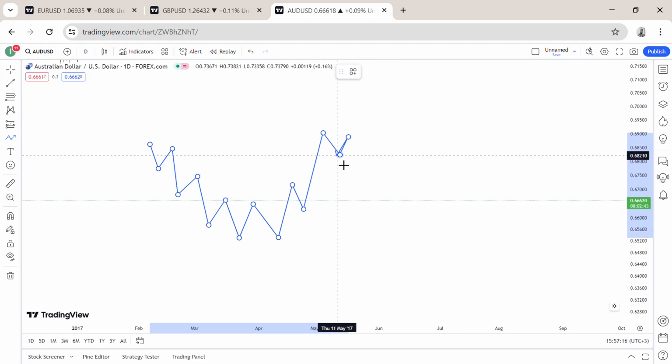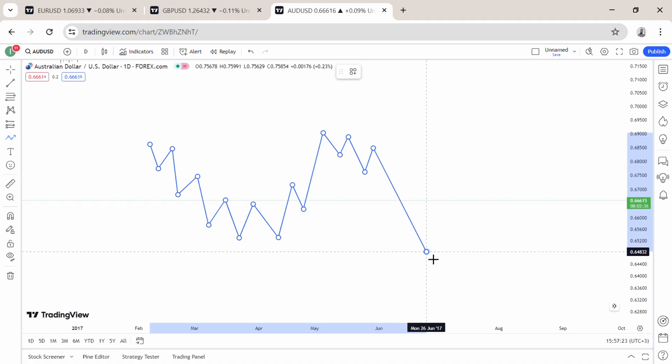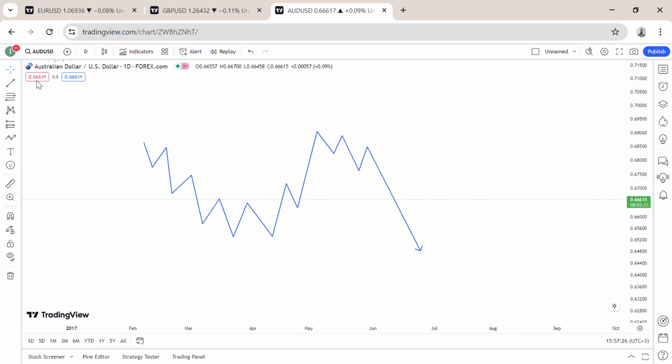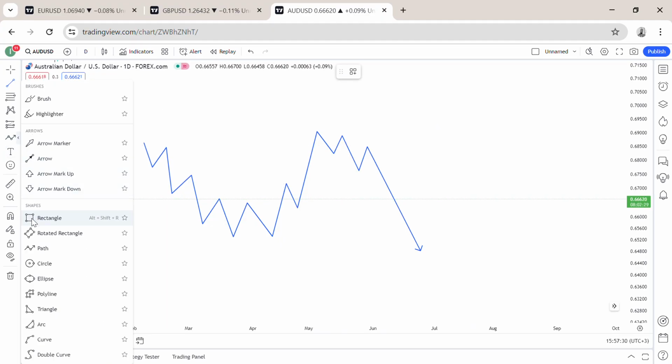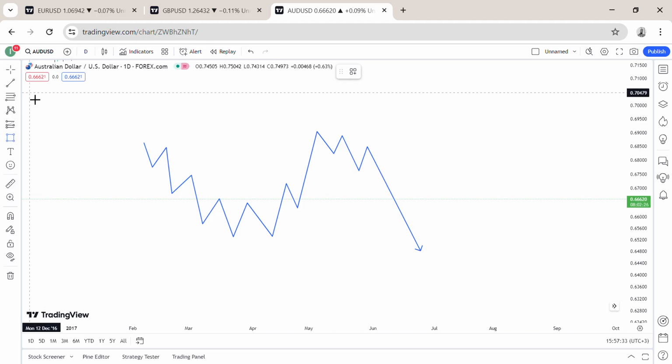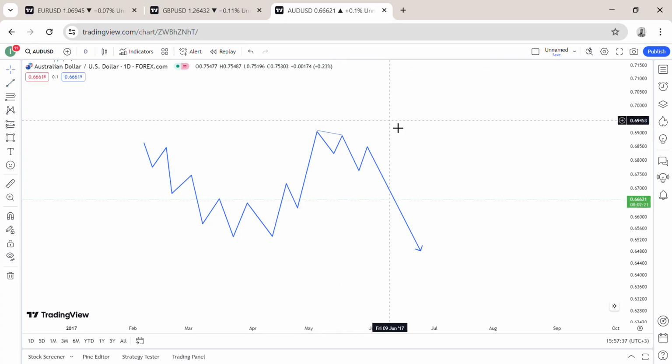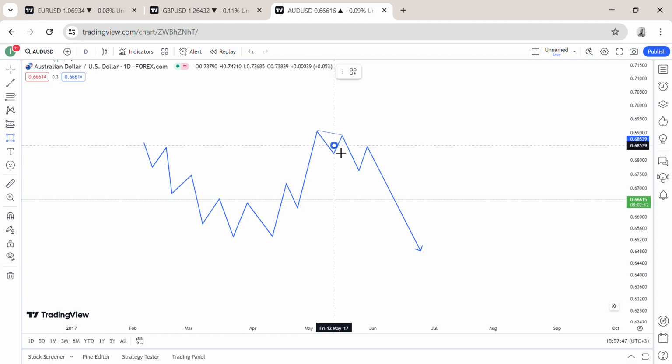It traded down below this swing, then retraced and went down. My point is, when you see something like this in the chart, if the price fails to break that high after sweeping the liquidity, I consider the first candle here to be my mitigation block.